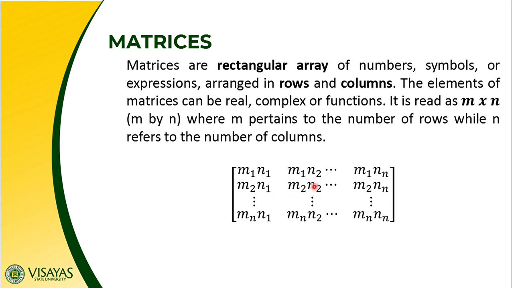And if we locate an element in a matrix using rows and columns, let's say for example, the element located here is in row 2 column 2. Also here, the element located here is in the second row first column, and so on and so forth.